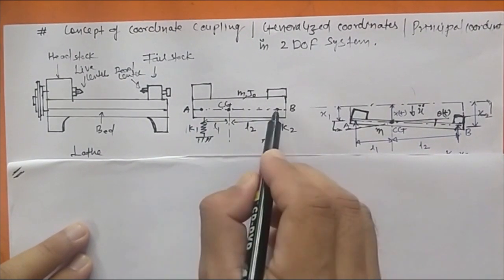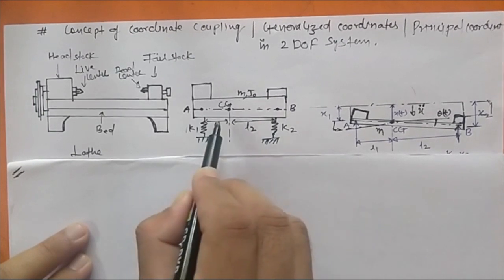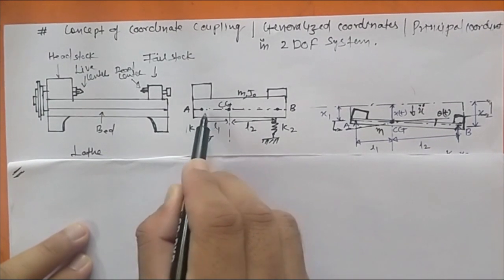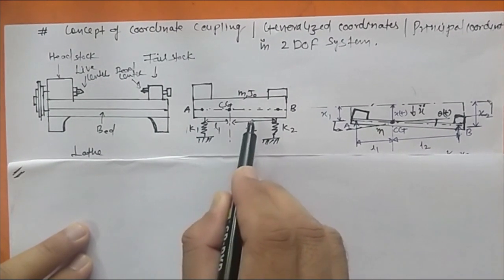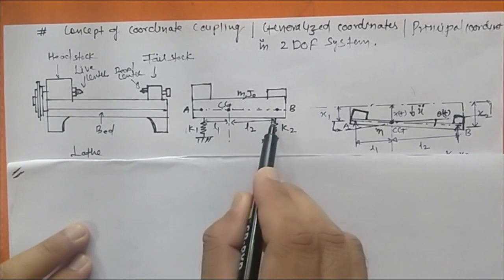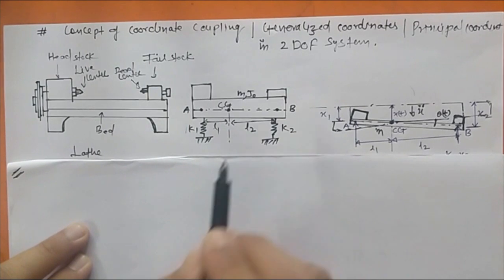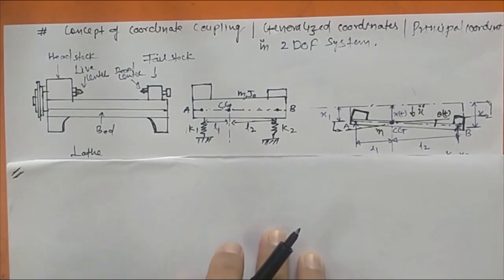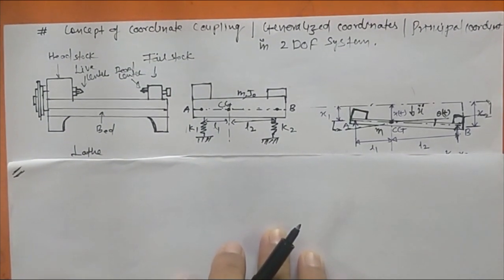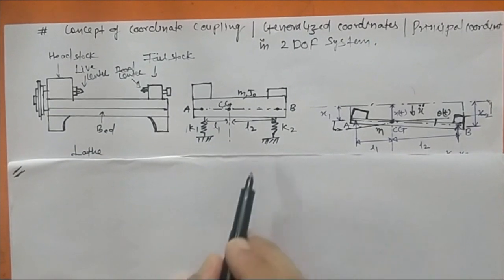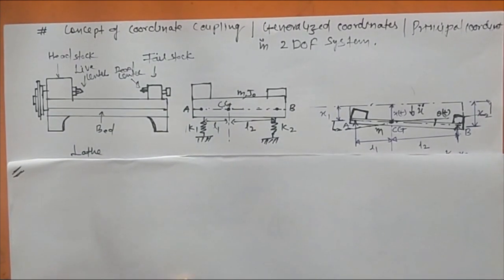This point is A and this point is B. The length of point A from CG is L1 and the length of point B from its CG is L2. So now we'll take the set of coordinates to define its exact configuration.